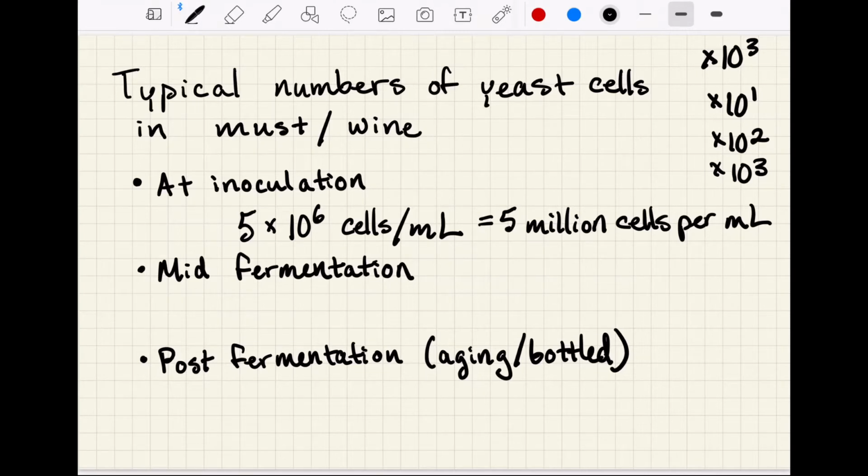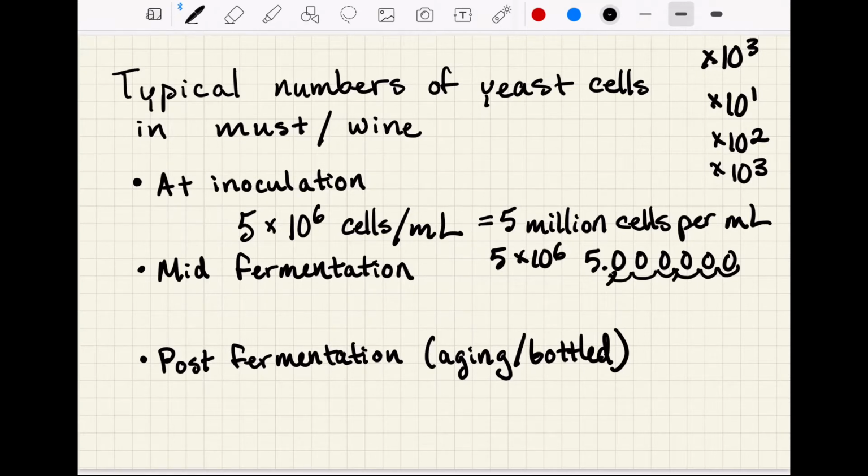So 5 times 10 to the 6th means taking the decimal in 5.0 and moving it 6 places to the right. So that would mean 1, 2, 3, 4, 5, 6, which we have to add then all those zeros, and that would be 5 million, okay?